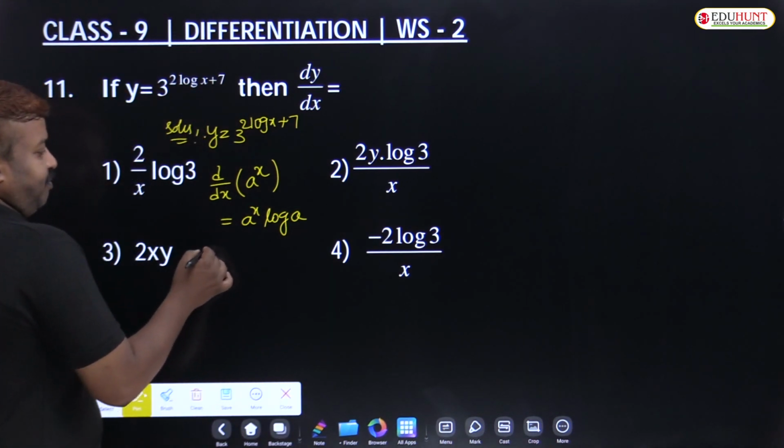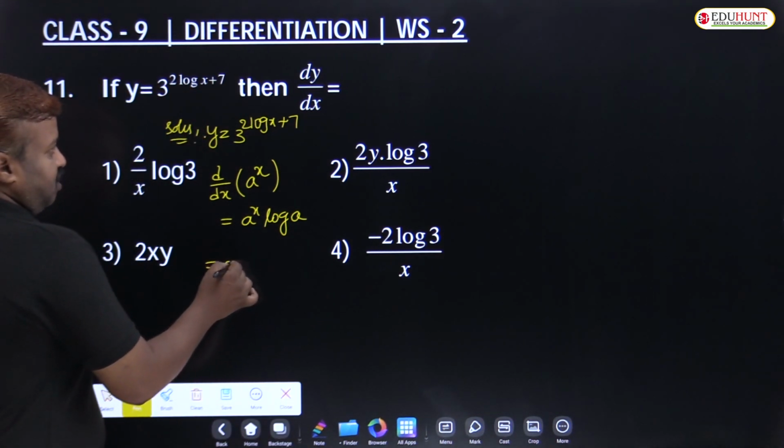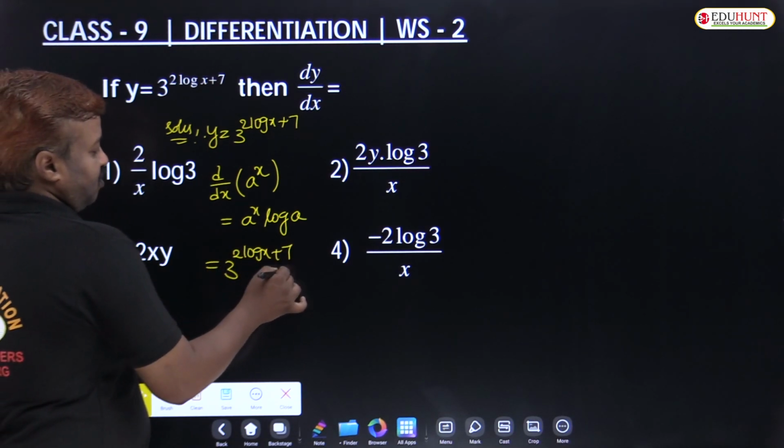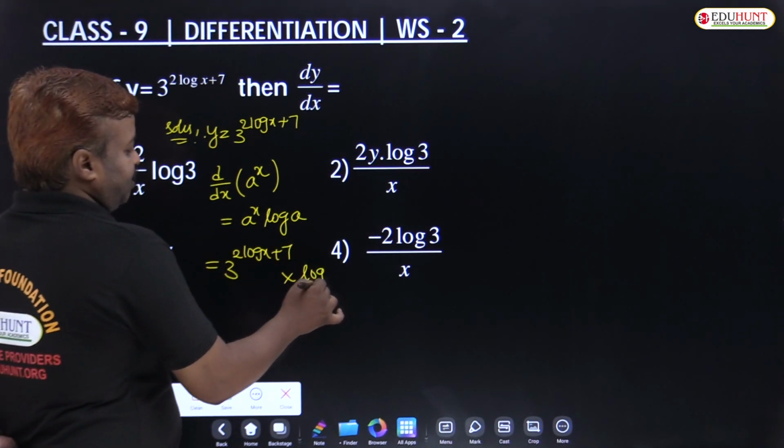Now here a^x log a means 3^(2 log x + 7) into log a, log a means log 3.